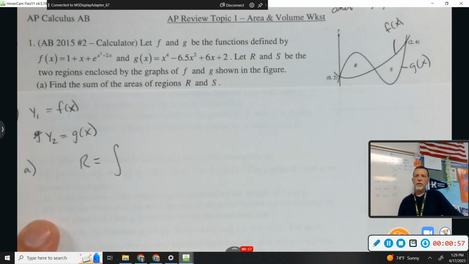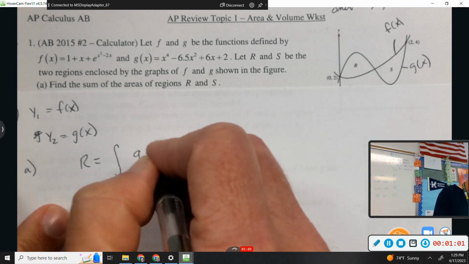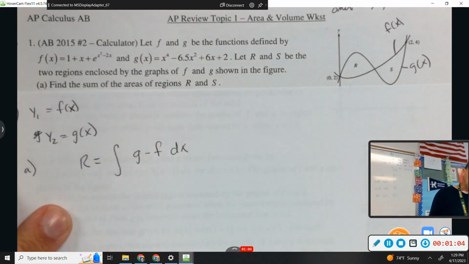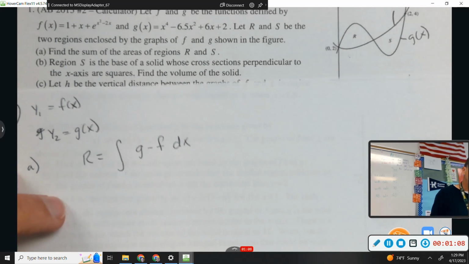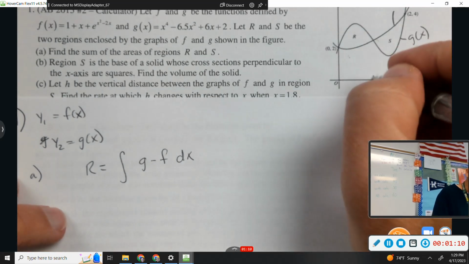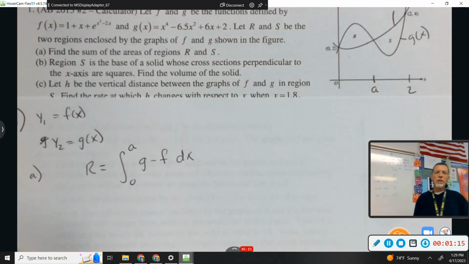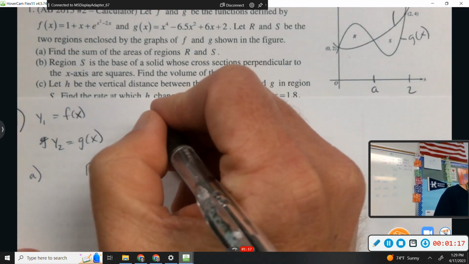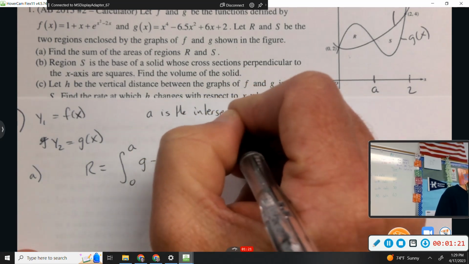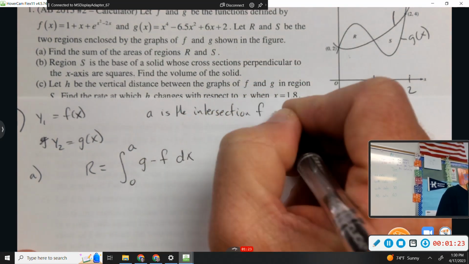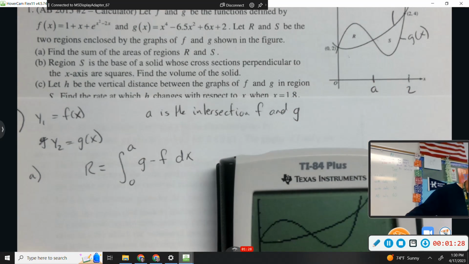The way I've got them labeled, top minus bottom in R would be G minus F. From what to what? 0 to wherever that intersection is. So I'm going to call it 0 to A, and then say A is the intersection of F and G. And then my calculator can find that.